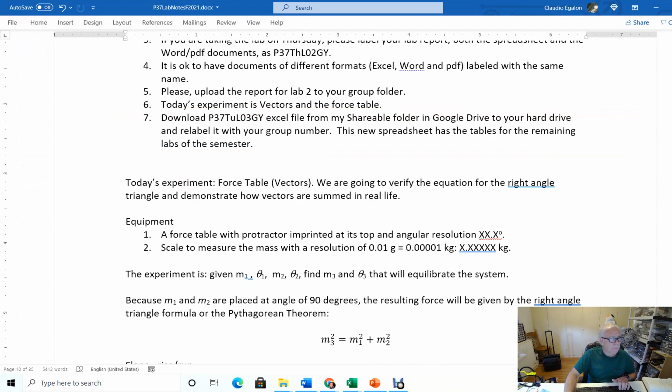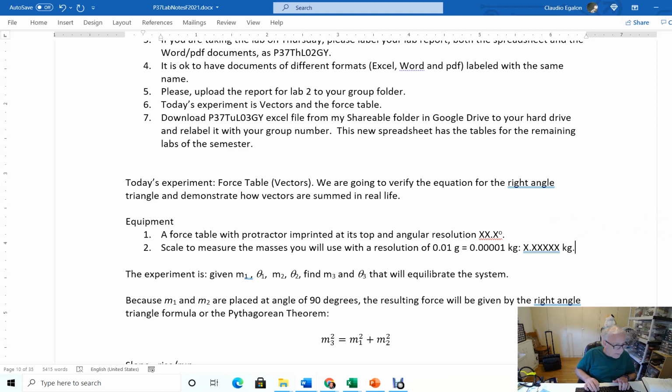You're going to need a scale to measure the masses that you're going to use, with a resolution of a hundredth of a gram. So the resolution of the scale in kilograms would be something like that, and that's how you'd write the values of your masses, with the significant figures.